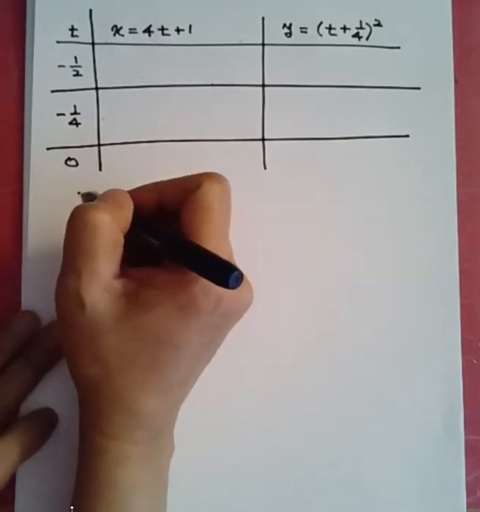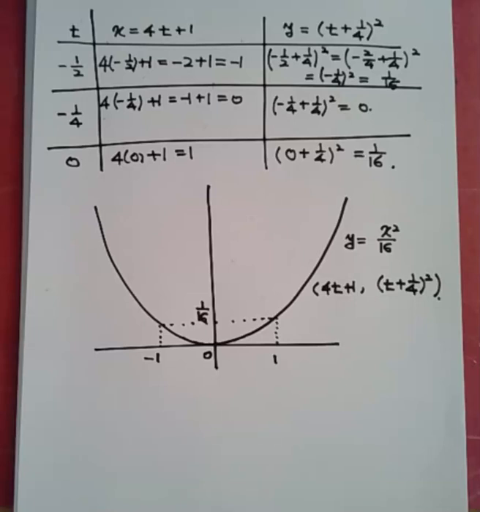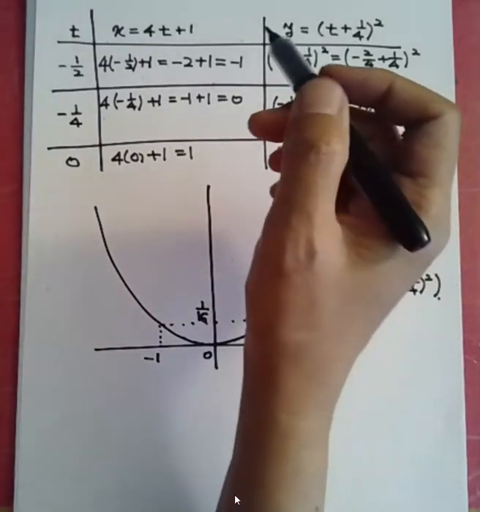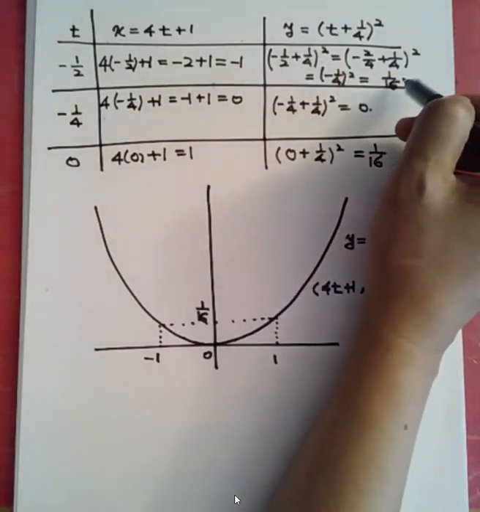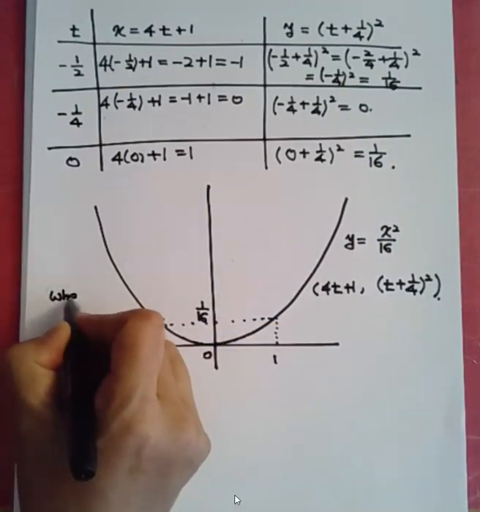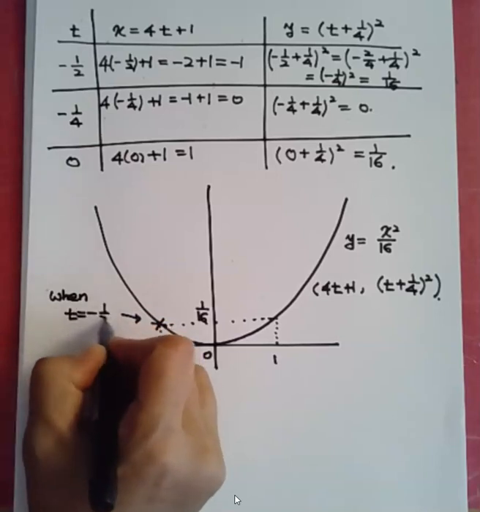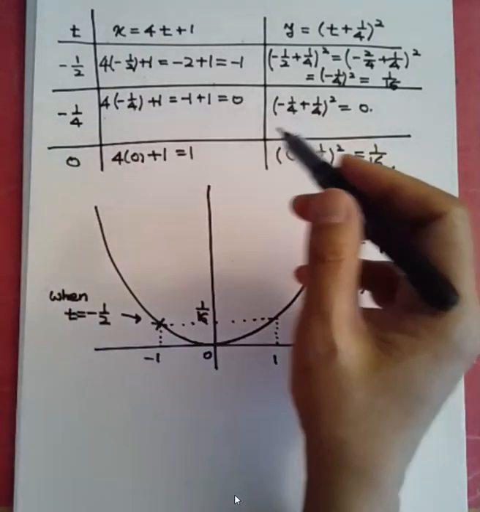We will evaluate at t equals minus 1/2, minus 1/4, and 0. You will fill out the table and come back. If you fill out the form, you will get this table. When t equals -1/2, x is -1 and y is 1/16. So this happens when t equals -1/2, and when t equals -1/4, x equals 0, y equals 0.